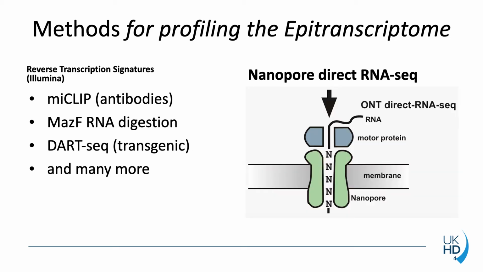Now, as an alternative, a very recent alternative, I should say, Nanopore direct RNA sequencing was introduced, where a single RNA molecule is threaded through a nanopore. And basically, since there's no PCR or reverse transcription involved, RNA modifications are preserved on this molecule.